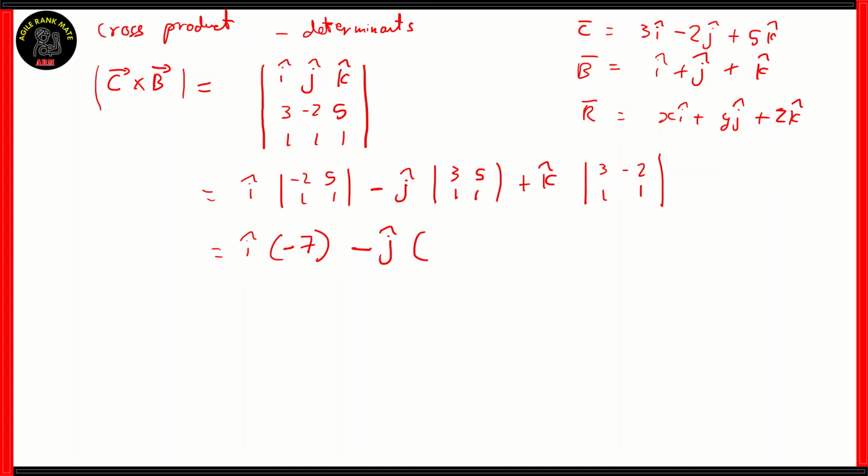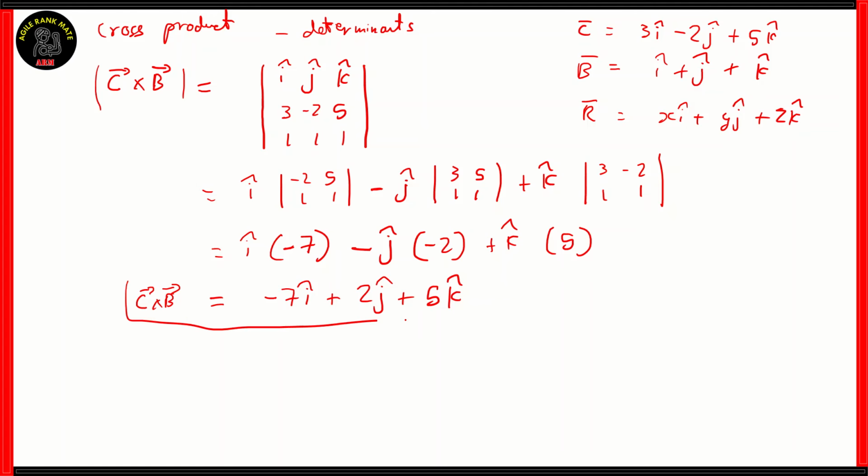For the second determinant, you're going to get 3 minus 5, which is minus 2. And then for the third one, you're going to get 3 minus minus 2, that's 3 plus 2, which is 5. So the cross vector C cross B would be minus 7 i cap plus 2 j cap plus 5 k cap. So this is C cross B.